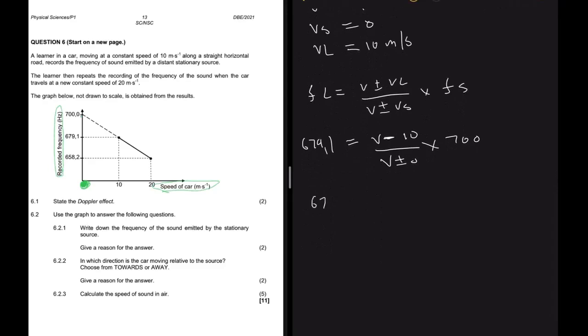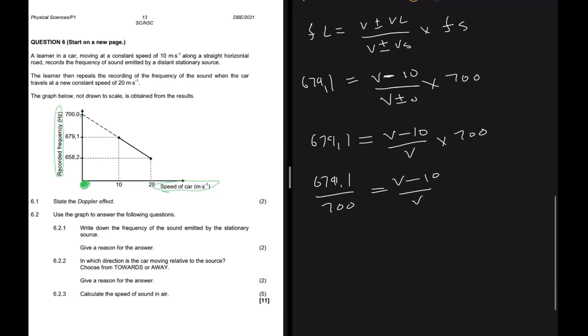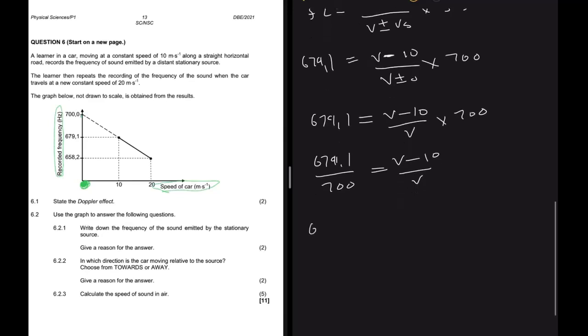So if we write this nicely, we get 679.1 equals (v minus 10) divided by v, multiplied by 700. If I divide both sides by 700, I will get 679.1 divided by 700 equals (v minus 10) divided by v.